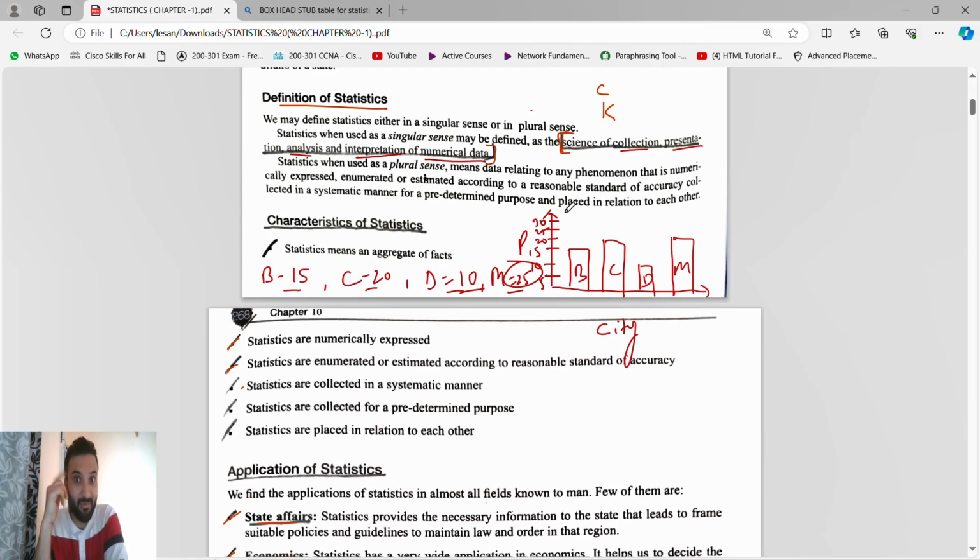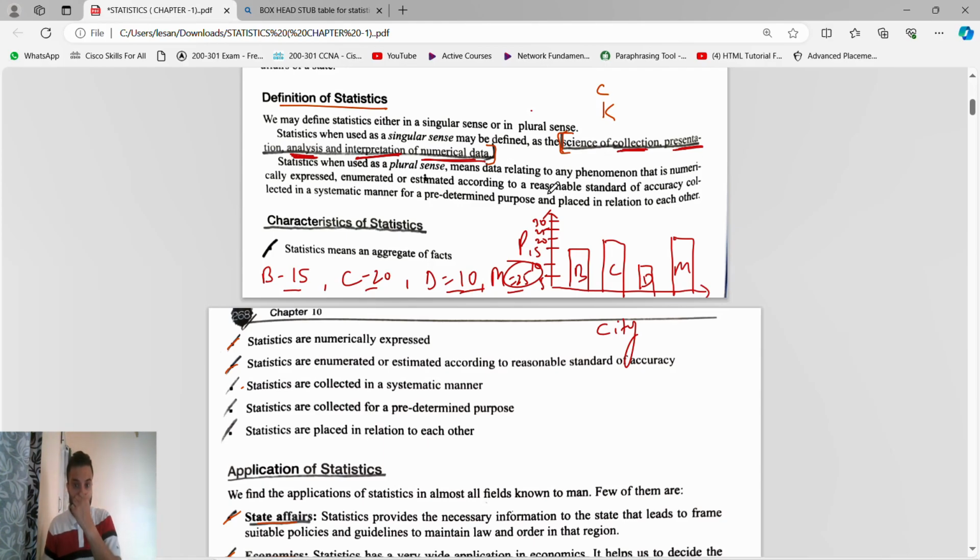In stats you remember the bar graph, histogram, frequency polygon, curve, line diagram, all that, right? So statistics depends on collection, presentation, analysis, and interpretation of numerical data. This is a very important thing.